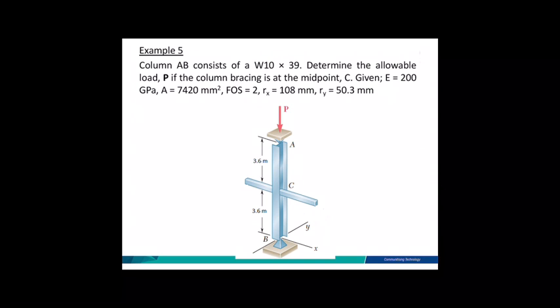Read the question. Column AB consists of W10 times 39 steel column. Determine the allowable load if the column bracing is at the midpoint, given that E is equal to 200 gigapascal, A is equal to 7,420 millimeter square, factor of safety is equal to 2, and Rx and Ry are given.